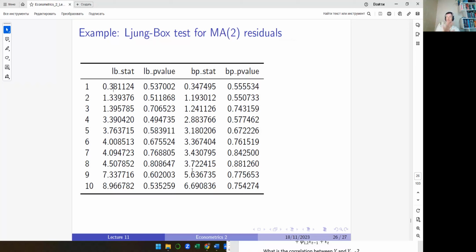For the future, we can work with the MA2 model or the AR1 model as the appropriate model for forecasting the series of Russian GDP growth. This is our practical conclusion. The model suits unless we find some other specific things that we have not been discussing yet.